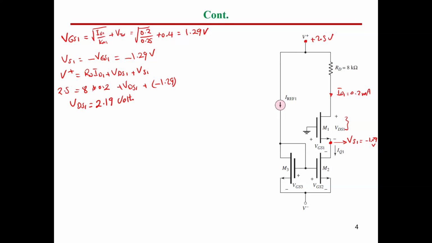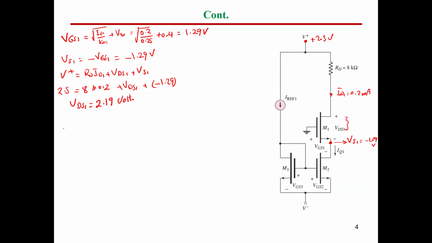We need to be sure if our calculation based on the saturation region is correct or not. We don't know. If not, we have to repeat the calculations again in the linear mode. So in order to do that, we need to know the value of V drain to source saturation.